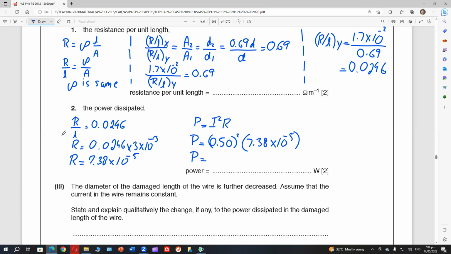How much answer is now coming? It is coming as 1.845 into 10 power minus 5. 1.85 into 10 power minus 5.